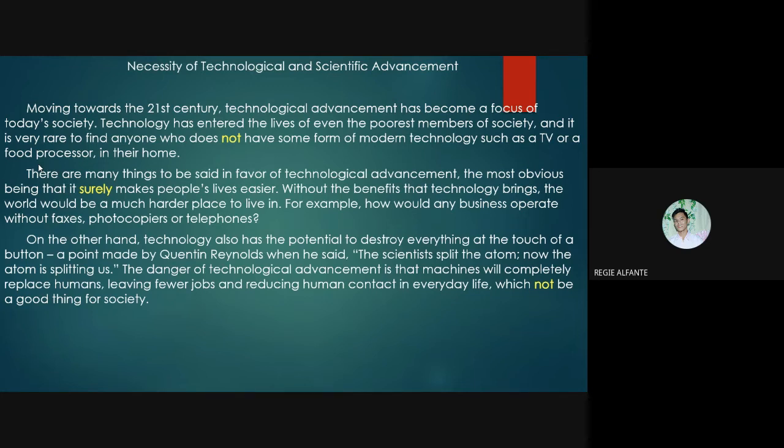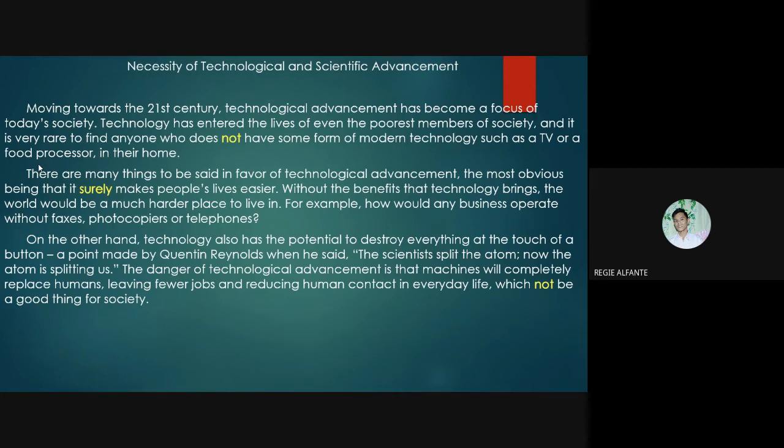Further, there are many things to be said in favor of technological advancement. The most obvious being that it surely makes people's lives easier. So "surely" here is an adverb of affirmation, affirming that technology provides us an easy way to live. On the other hand, technology also has the potential to destroy everything at the touch of a button.